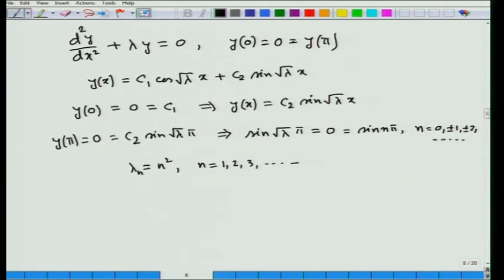So, these are the eigenvalues, and corresponding eigenfunctions y_n(x) are given by C_n sin(nx), and eigenvalues are lambda n equal to n square, where n equal to 1, 2, 3 and so on.